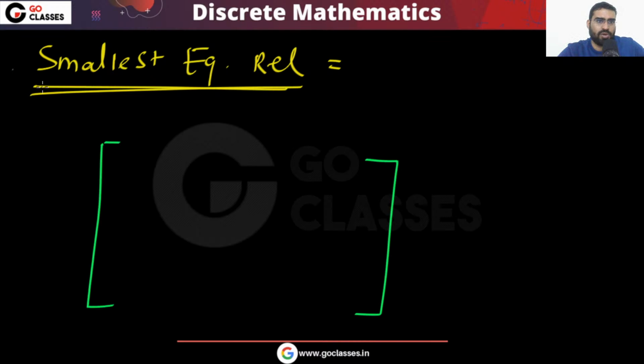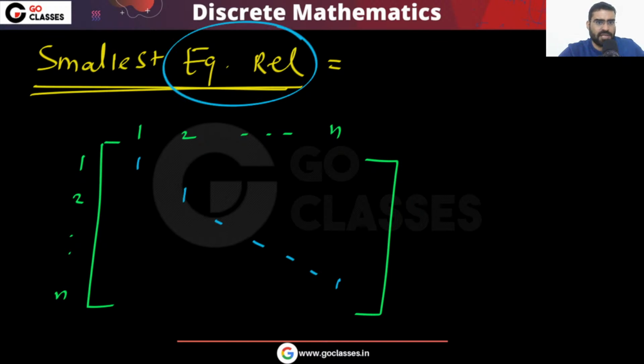Like you have these elements 1, 2 and so on up to n. Your smallest equivalence relation should be reflexive, so every element should be related to itself. The remaining should be 0 because you want the smallest equivalence relation.